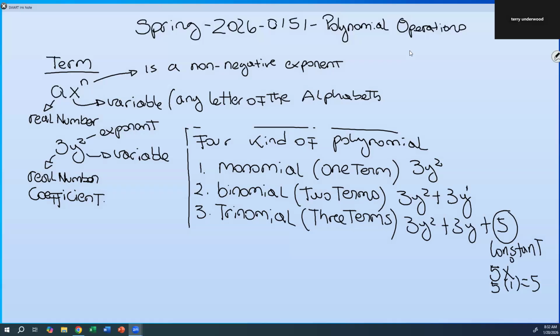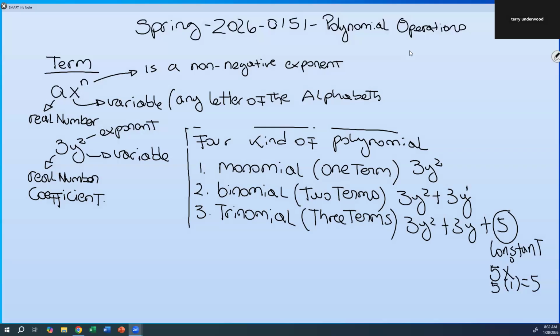But this number, the constant, is a polynomial. Why is it a polynomial? Because it's written in the form a times x to the n: you have a real number, 5, you have a variable, x, and you have a non-negative exponent, 0.